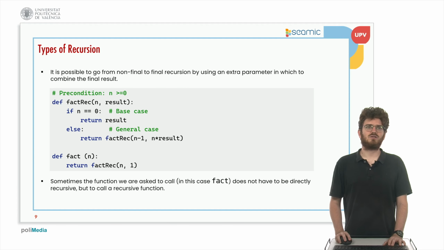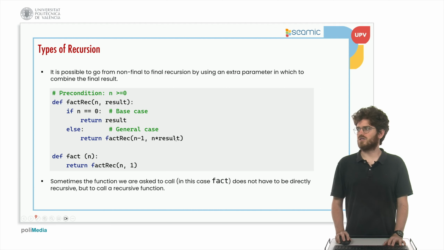If we want to make an algorithm that is not tail recursive be tail recursive, we can always add an additional parameter to store the result. So for example, this is the same implementation of the factorial. In this case, instead of returning 1 times the factorial of the next number, we just return the accumulated result.